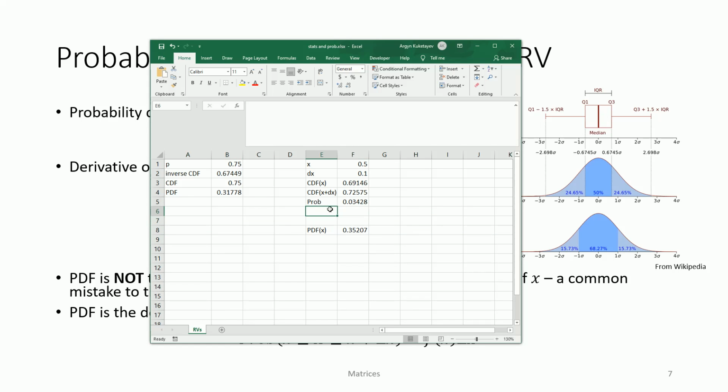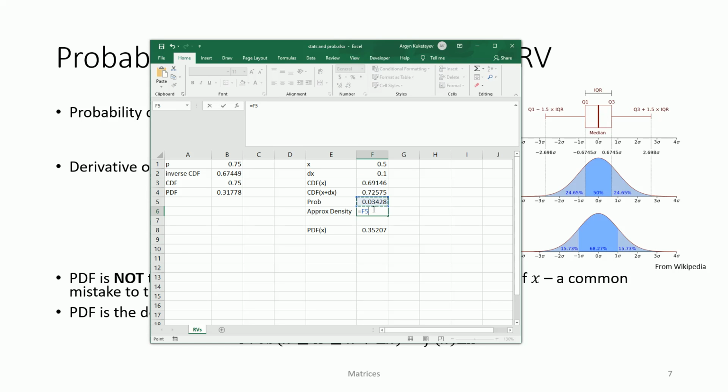So why don't we calculate approximate density? How do we do approximate density? Well, we can take this probability and divide it by the width of the area. So here's our probability. We'll divide it by dx, and the number is 0.34. Now look at the exact PDF. It's somewhat similar, not exact, but it's close.